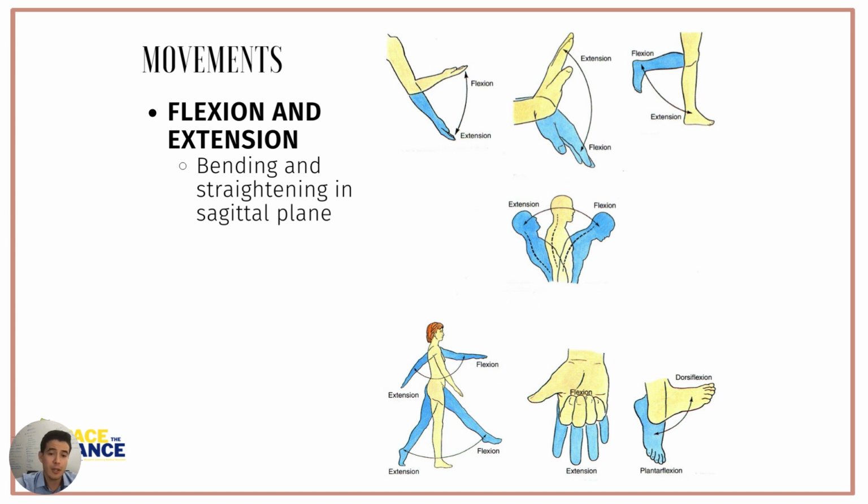More movements, like we talked about, flexion and extension, bending or straightening in a sagittal plane. So you can flex or extend your arm, you can flex or extend your forearm, you can flex or extend the wrist, flex or extend the knee or the leg. So various different types of flexion.